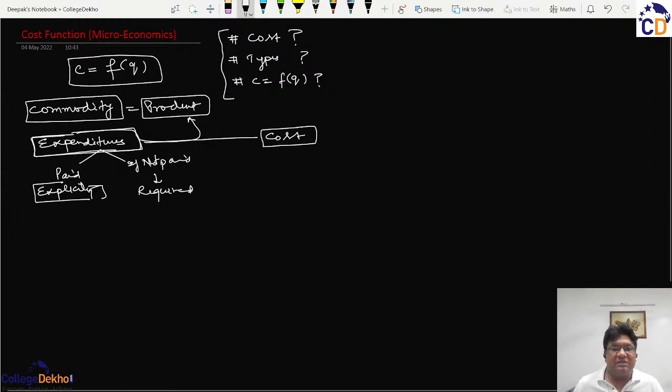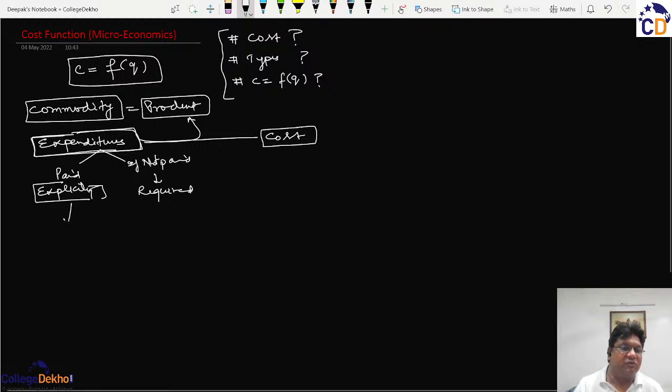So I'm again saying that before I land on this question of how cost is a function of quantity, we have to first understand that any product or commodity will come into existence if there are various expenditures which are incurred by the producer to get such product. And these expenditures can either be expressly paid or they may be implied, because they are necessary for the product to come into existence, and hence they will also be known as cost.